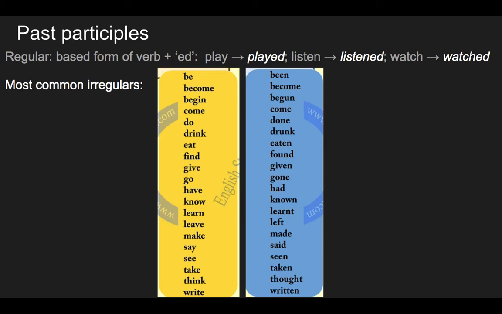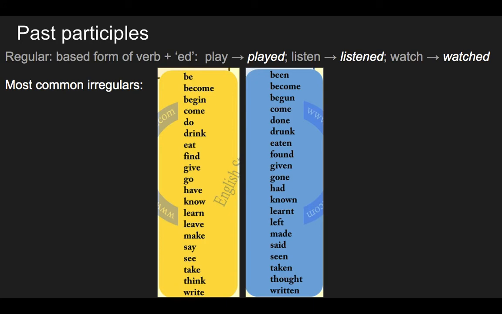Drink, drunk. So past simple would be drank. Past participle, drunk. Eat, eaten. Find, found. Give, given. In the past simple, give is gave. So we say I gave, but I have given.